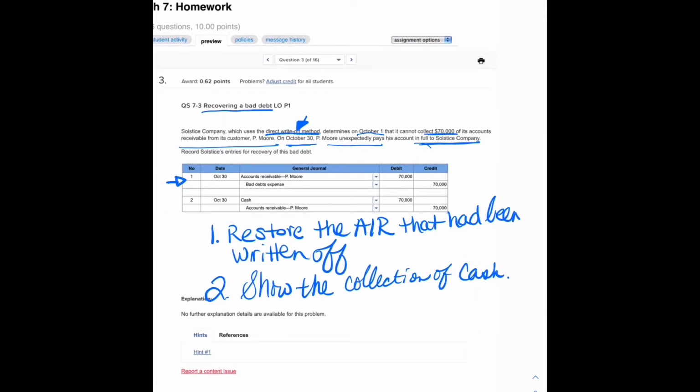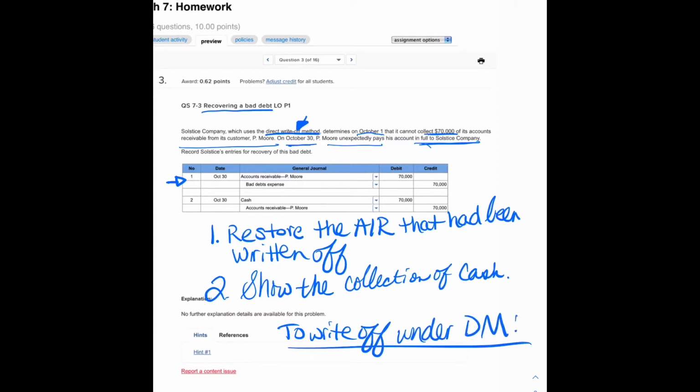So initially, to write off under the direct method, DM, what we did was a debit to bad debt expense, and I'll probably be abbreviating this from this point forward as just BDE. And we credited accounts receivable per P. Moore. But now we found out he can actually pay us. So what you see in number 1 is just a reversal of the write-off. That's all that's happening here.